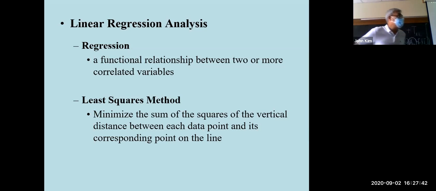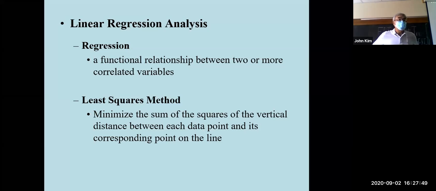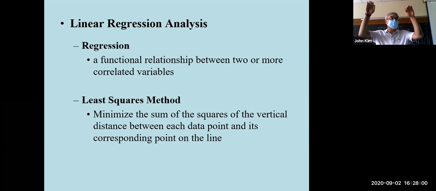Find the relationship, and using that relationship, do something. For example, temperature and ice cream demand. Probably as temperature increases, ice cream demand increases, and when it decreases, demand decreases. Ice cream demand and temperature have a relationship, they are correlated. So find that relationship.